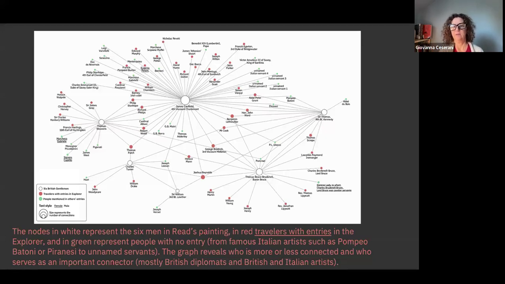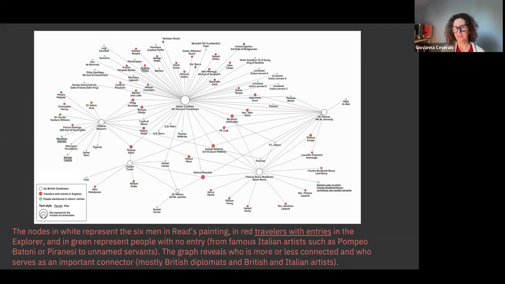You see that all the ones in green are people that are mentioned but do not have their own entry. How many of these are Italians and diplomats? And some of them are even women. So the image that we have in the original portrait of these six people gets expanded and populated by many more travelers.